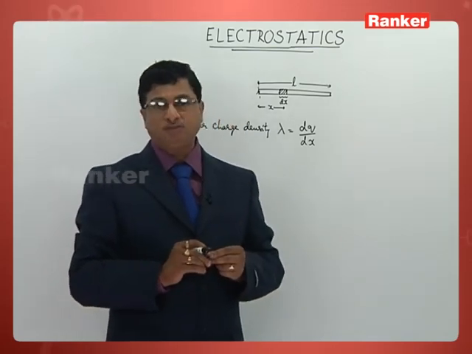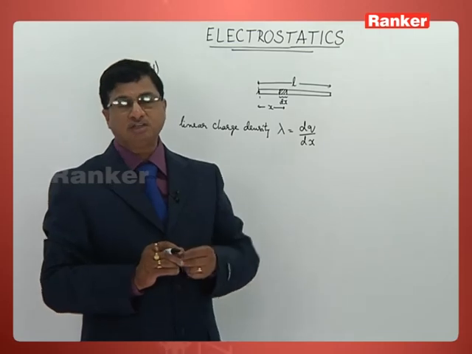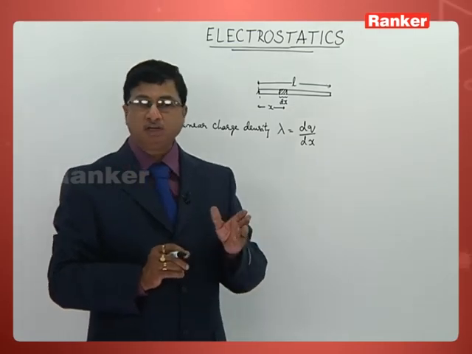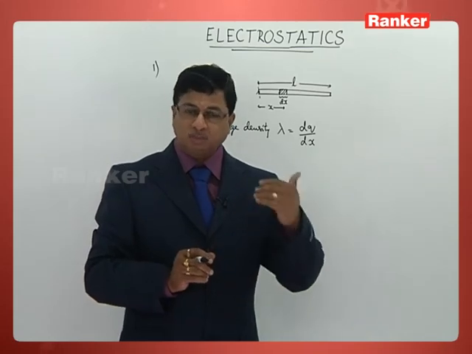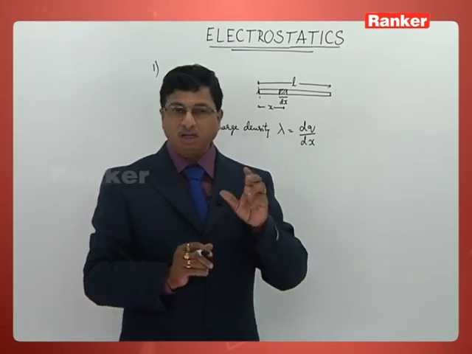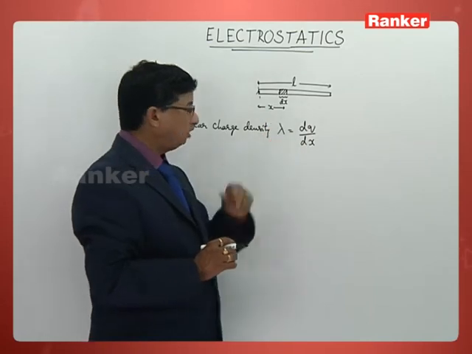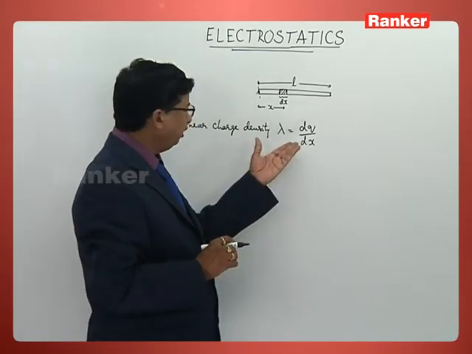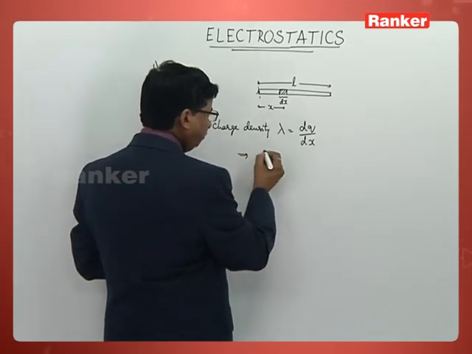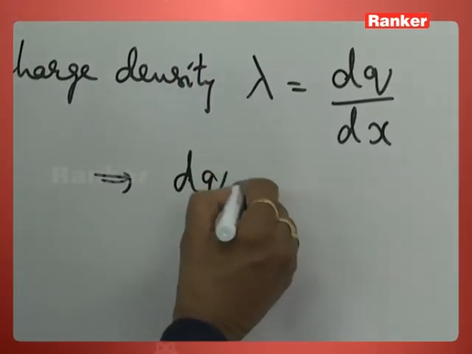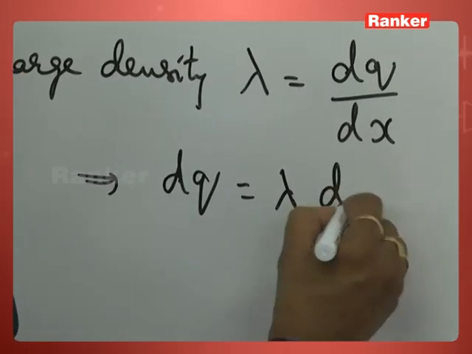Likewise, if I say surface charge density, we take charge per unit surface area. In this particular case, we are dealing with linear charge density. So I can directly write this equation this way. Now dq is equal to lambda dx.